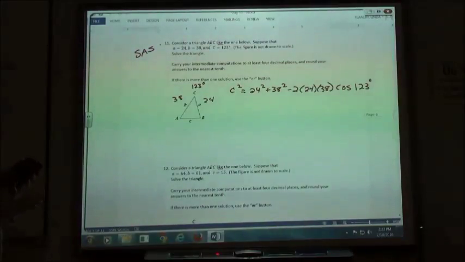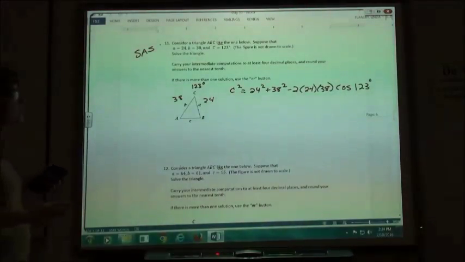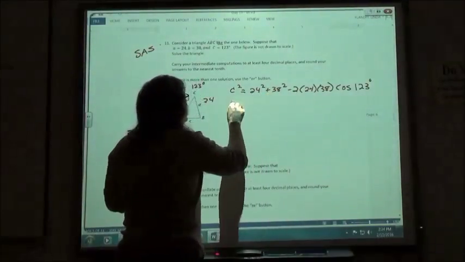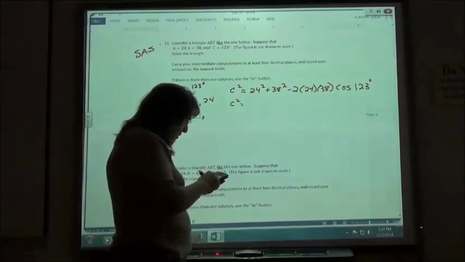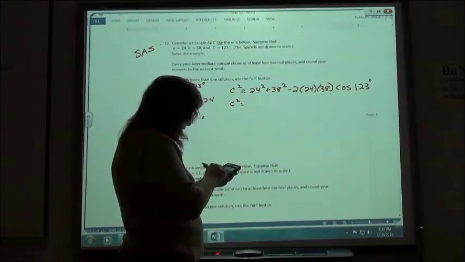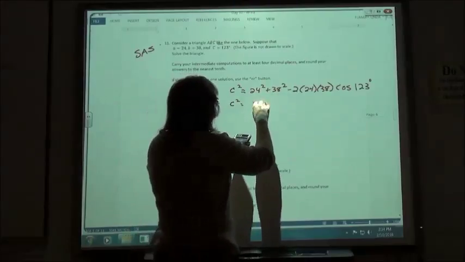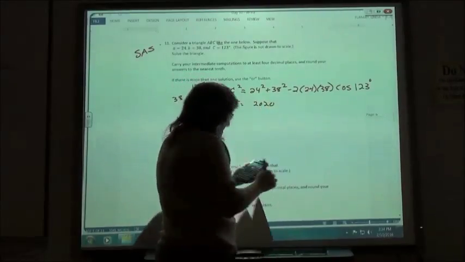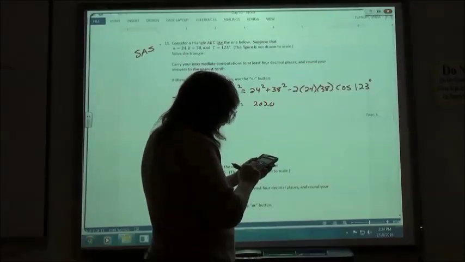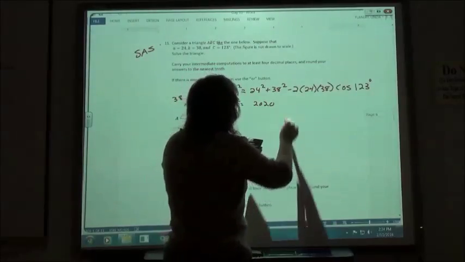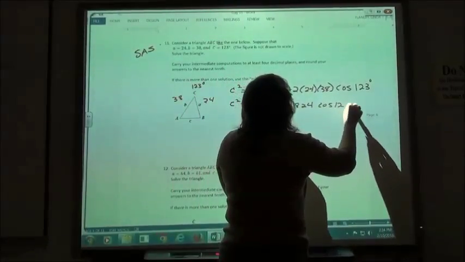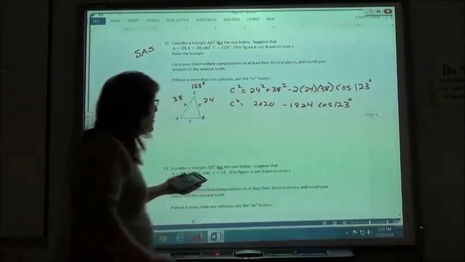Now I could probably do that whole calculation at once, but I'm going to put it together. So I'm going to do these two things first. 24 squared plus 38 squared is 2020, minus 2 times 24 times 38, minus 1824 cosine of 123. I'm just going to punch that in.